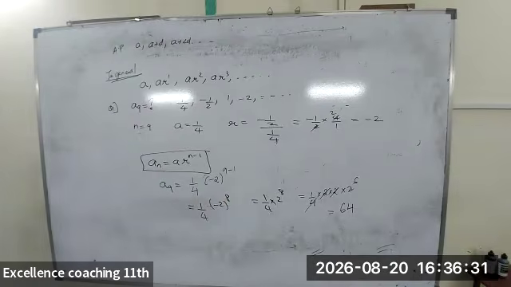Some mistake? 2 raised to 8 upon 4. 2, 4, 8, 16, 32, 64, 128, 256.